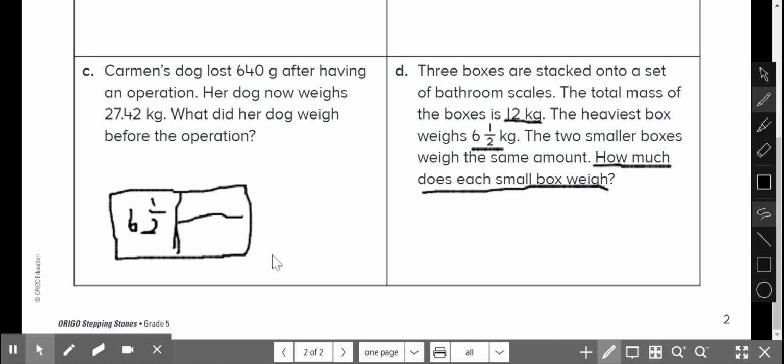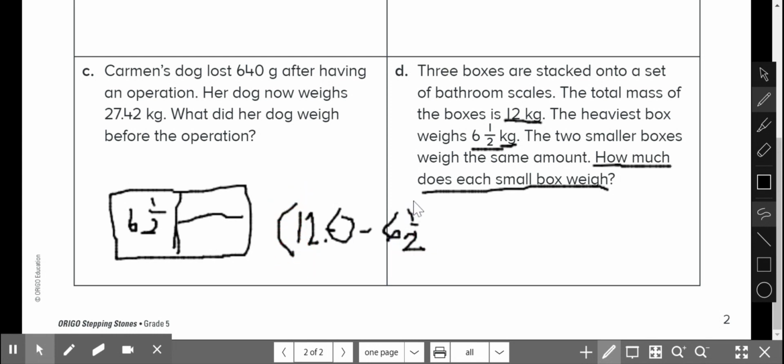So we could start by saying that this is going to be a bigger algebra problem. So we're going to start with 12 kilograms. And for right now, since they're both kilograms, I'm not going to bother with the label. I'm going to start by writing this as 12.0, and I'm going to subtract out 6 1/2 kilograms.